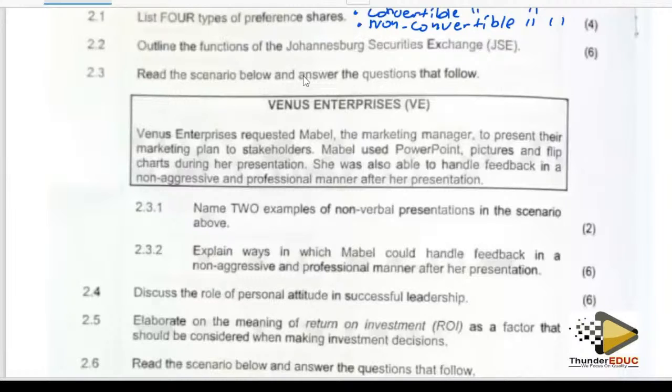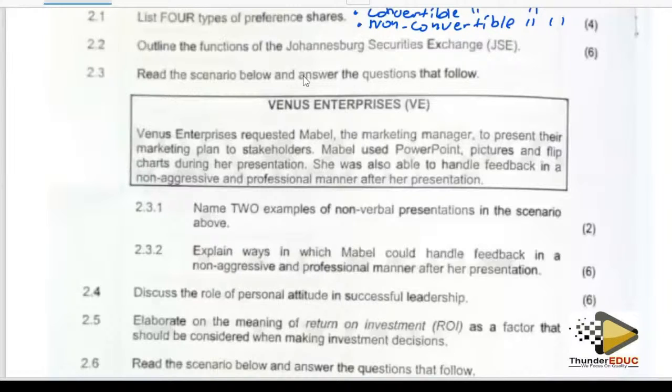No scamming should take place there. People shouldn't just advertise the shares that they are selling in their business, because the Johannesburg Stock Exchange is the one that is going to monitor whether these shares being advertised are legit, that they are legal.